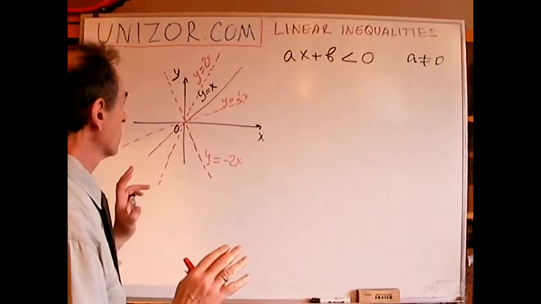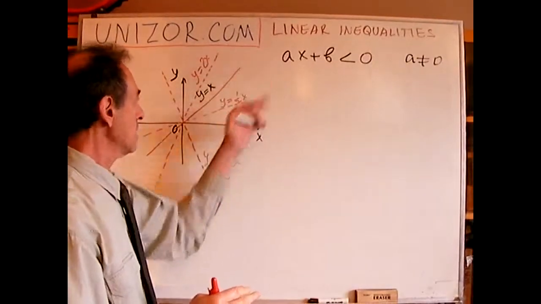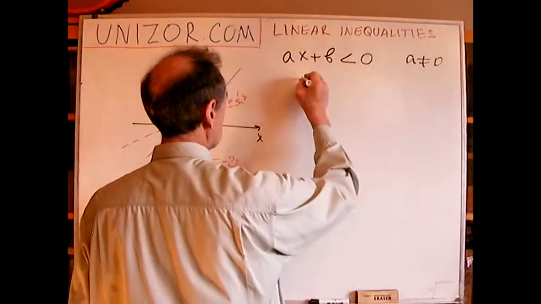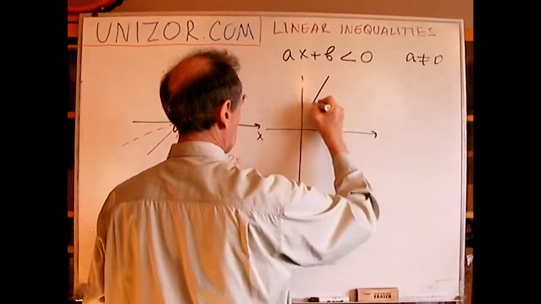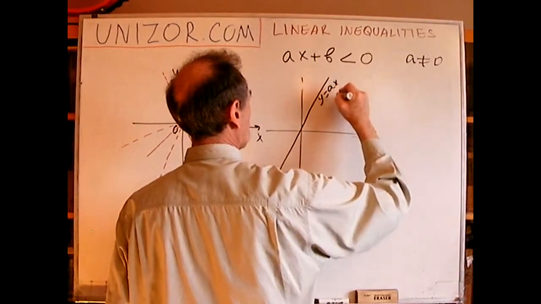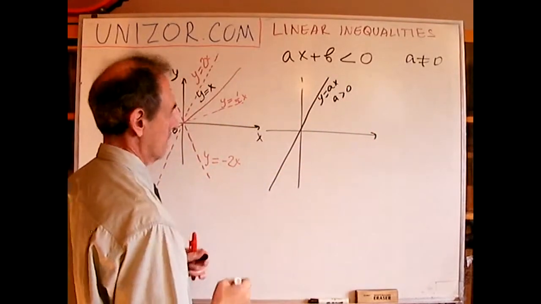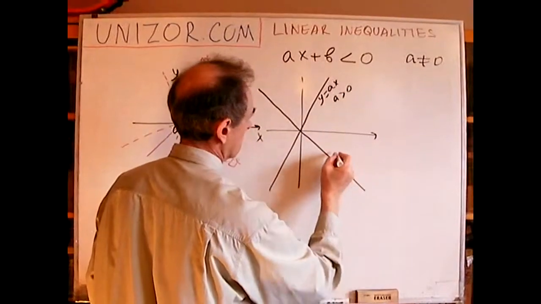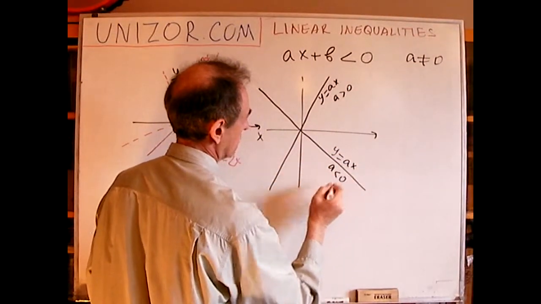All right, so the first step is we multiply by a, and whatever the graph is, I will use the graph with a positive, and something like this for negative a.